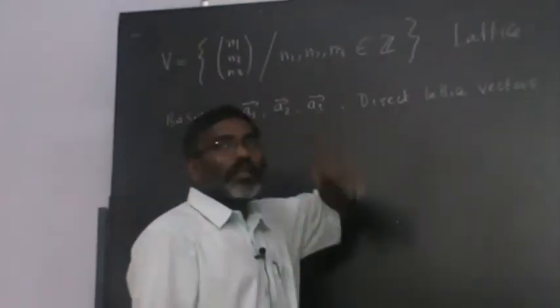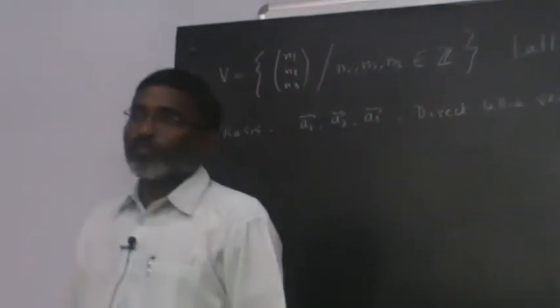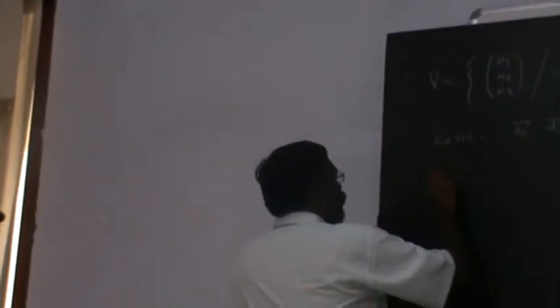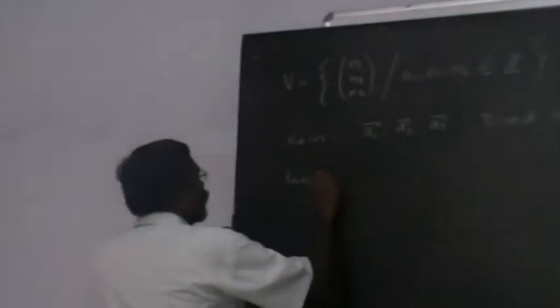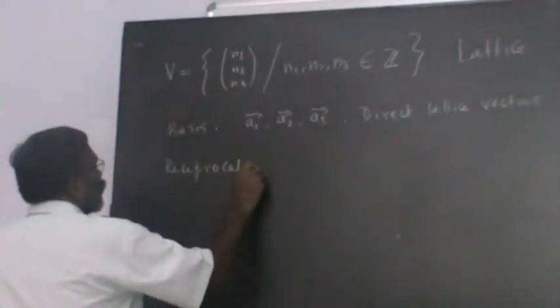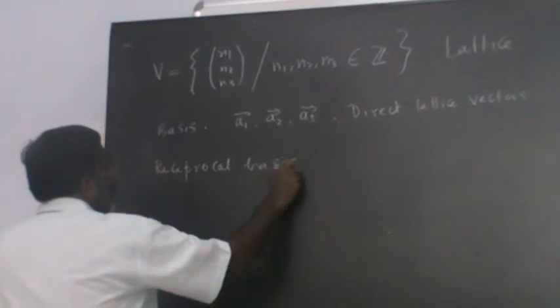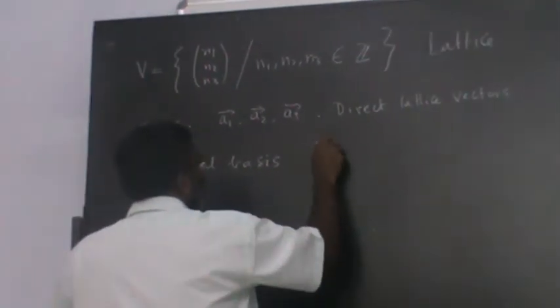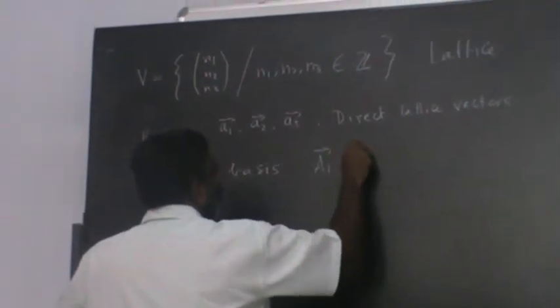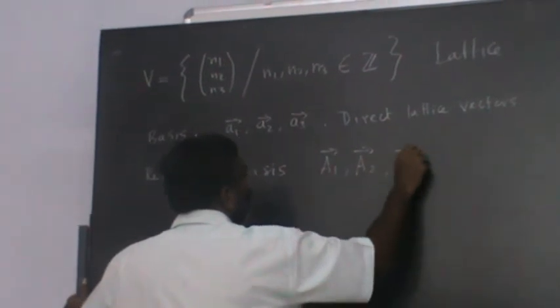So in such cases, if I want to extract the component of a vector, I have to define a reciprocal basis. Now how do I define a reciprocal basis? Let me call it capital A1, capital A2, and capital A3.